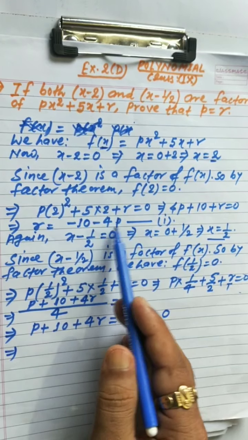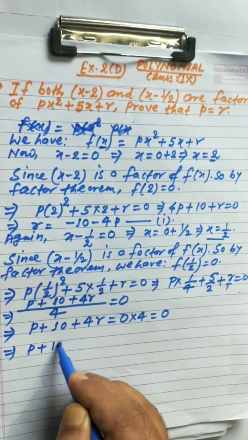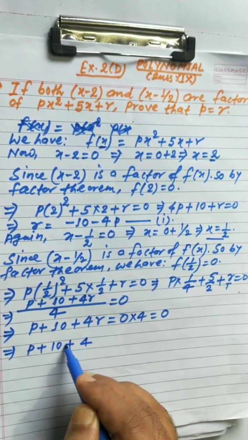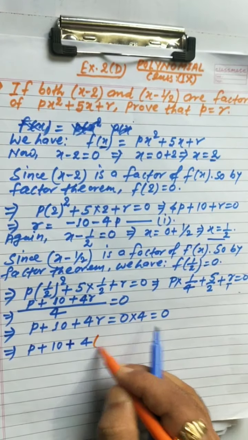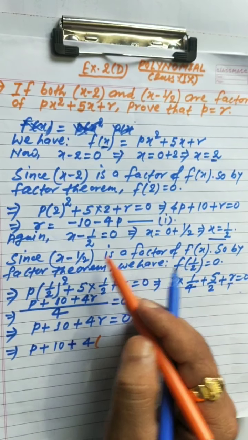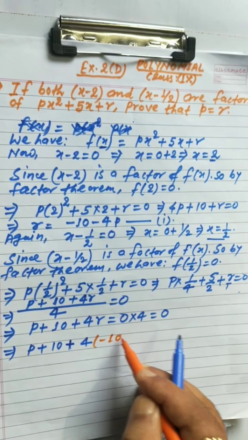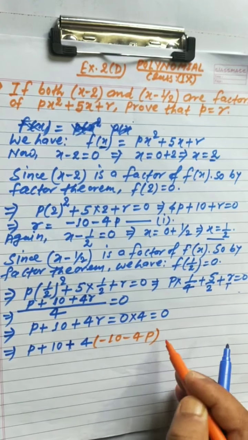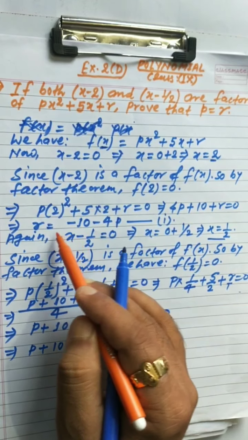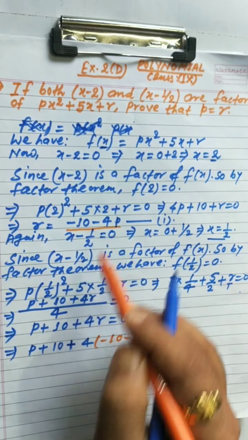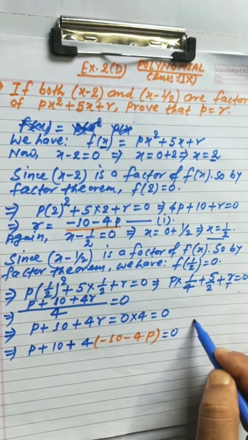Now we have the value of r in equation first. So put the value of r from equation first in this equation. p plus 10 plus 4 multiplied by minus 10 minus 4p. From equation first we have put the value of r.